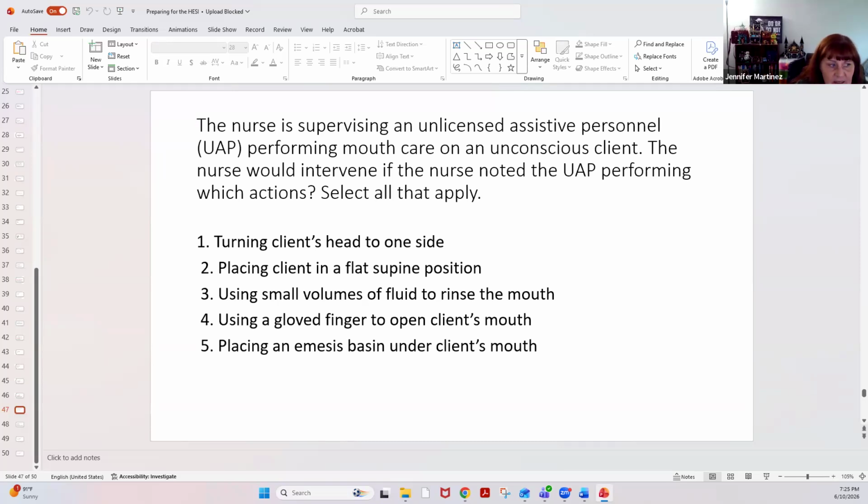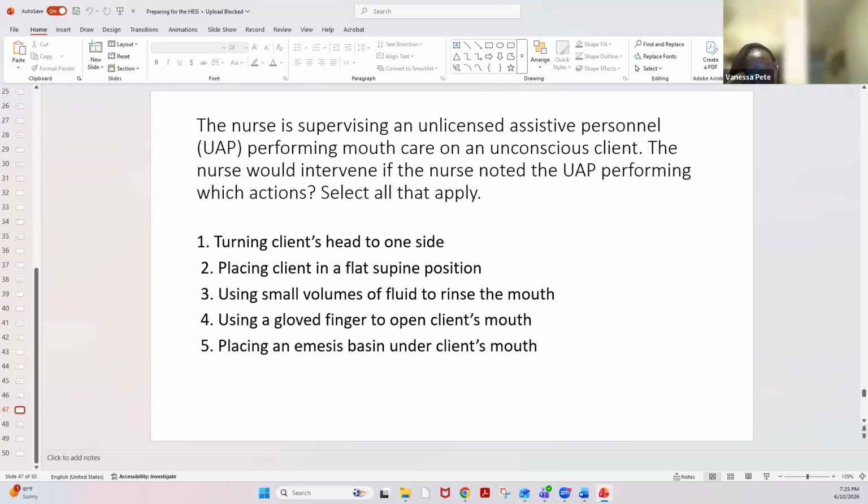Two, placing the client in a flat supine position. Three, using small volumes of fluid to rinse the mouth. Four, using a gloved finger to open the client's mouth. Or five, placing an emesis basin under the client's mouth. At what point would we need to intervene?